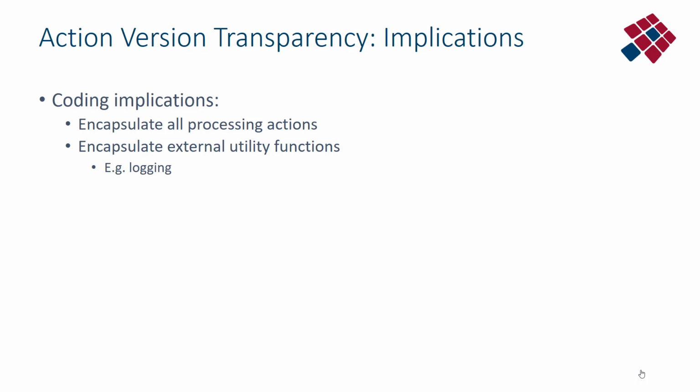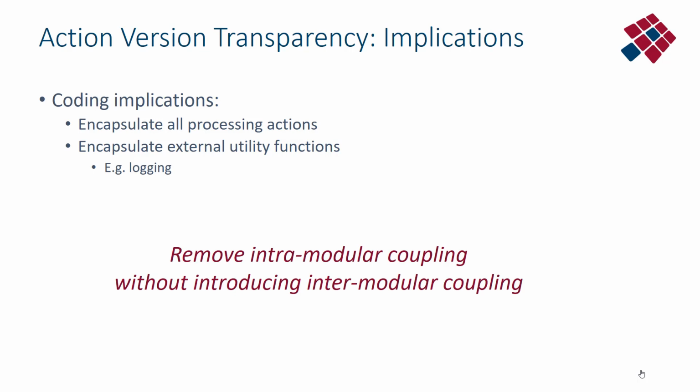You should have them at all processing actions, all processing functions and methods throughout the fabric of your modular structure. And you should also very decently encapsulate external utility functions like logging, because everybody knows if a logging interface changes, you have many lines of code in many modules that you would have to change.